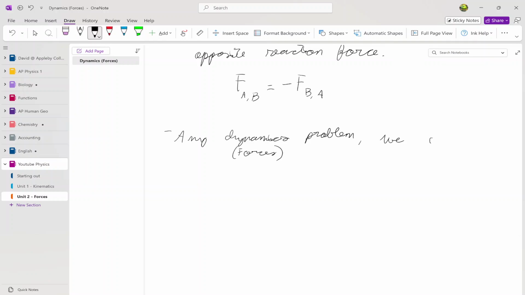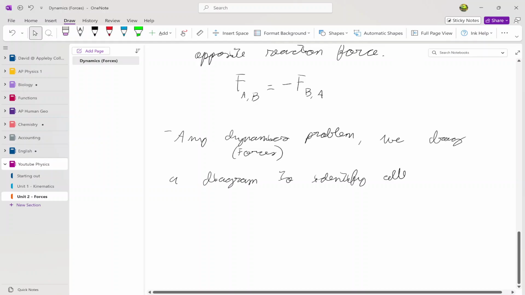This is kind of what I was talking about in physics overall, when I first started talking about the course, that there's a lot of diagrams and a lot of visualization for a lot of problems, which will be used to identify all the forces. Sorry for the bad writing.